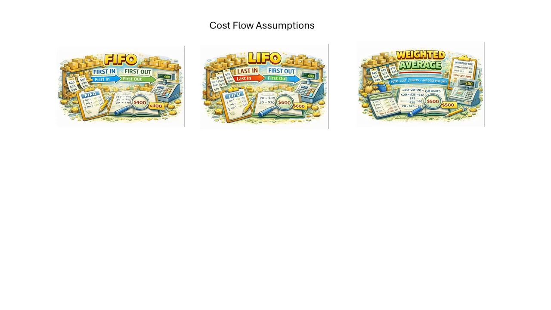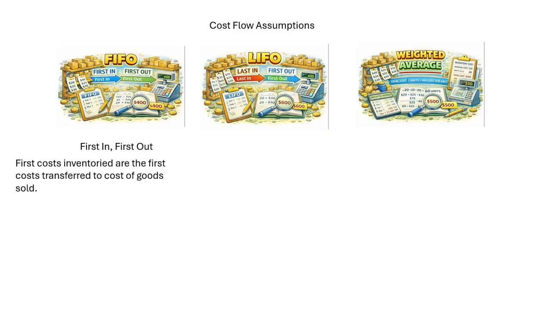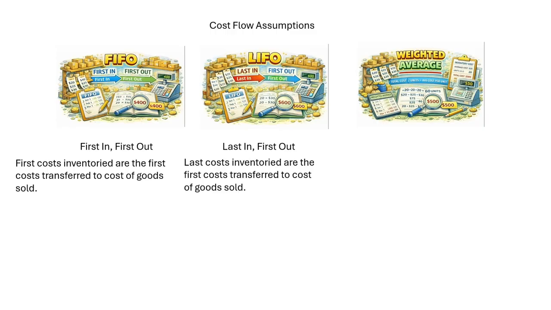The cost flow assumptions are FIFO, LIFO, and weighted average. FIFO means first in, first out: the first costs inventoried are the first costs transferred to the cost of goods sold. LIFO means last in, first out: the last costs inventoried are the first costs transferred to the cost of goods sold.